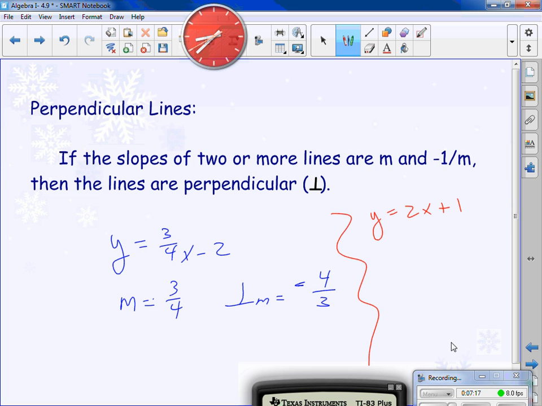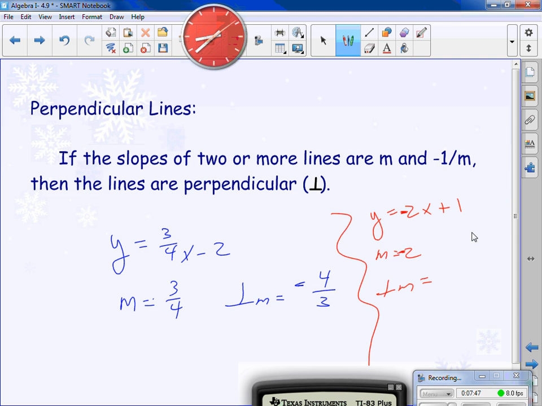Y equals 2x plus 1. What's my slope? My slope is 2. Actually, I'm going to make that negative 2x plus 1. So my slope is negative 2. What's the opposite of negative? Positive. What's the reciprocal of 2? 1/2.